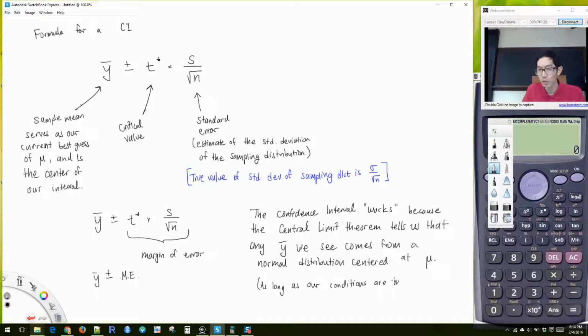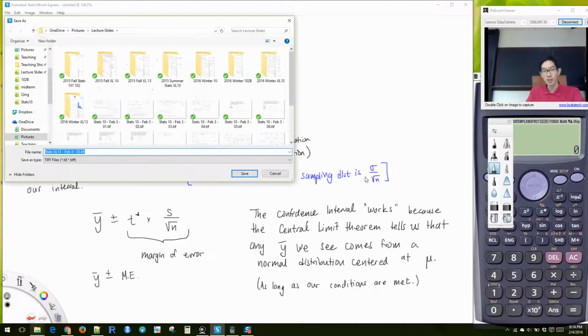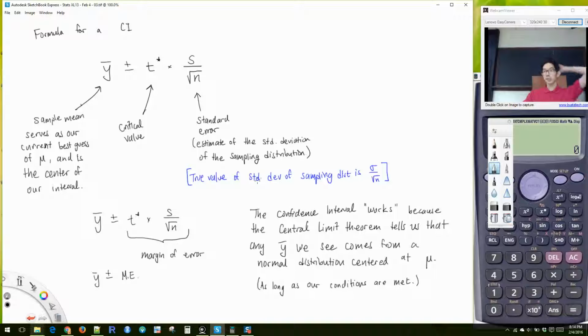Do you guys remember what those conditions were for the central limit theorem to apply? Sample size? Okay, yeah, these are all kind of true, but the conditions are: your sample has to be randomly selected, which is a very important one we can't ignore, and each thing in your sample has to be independent of each other, right?